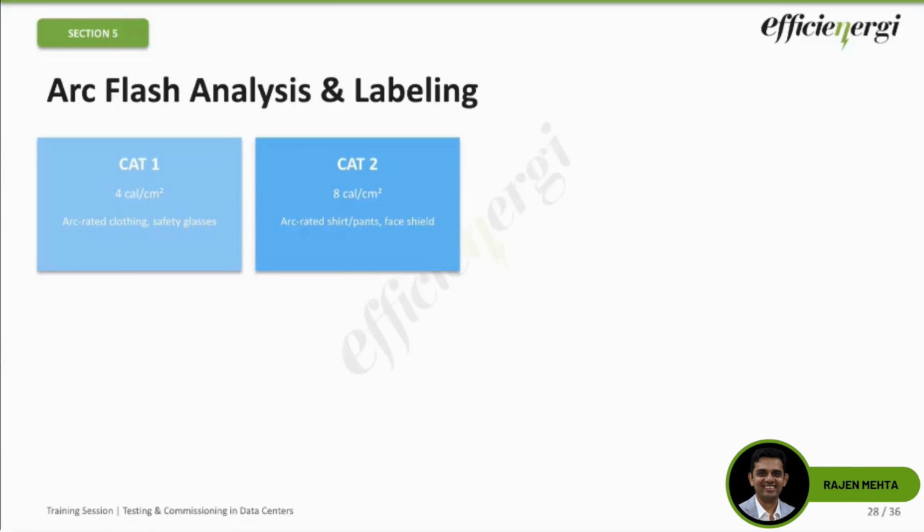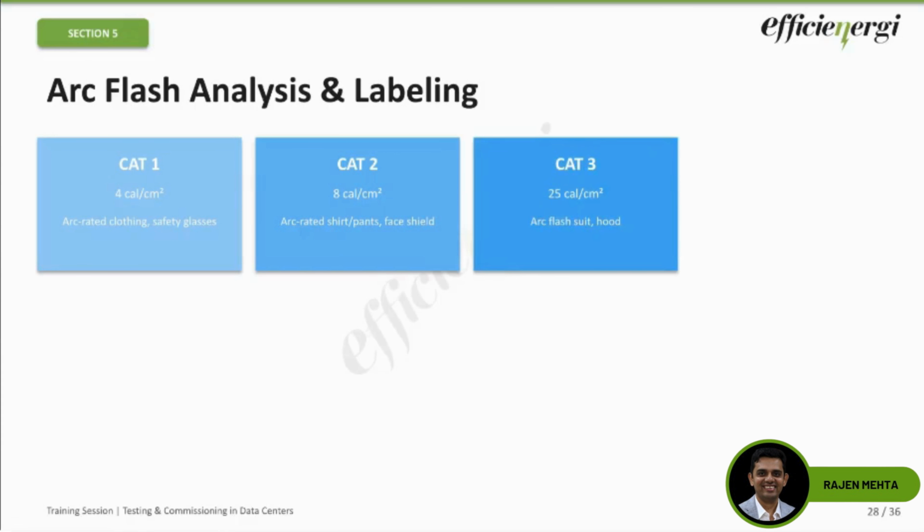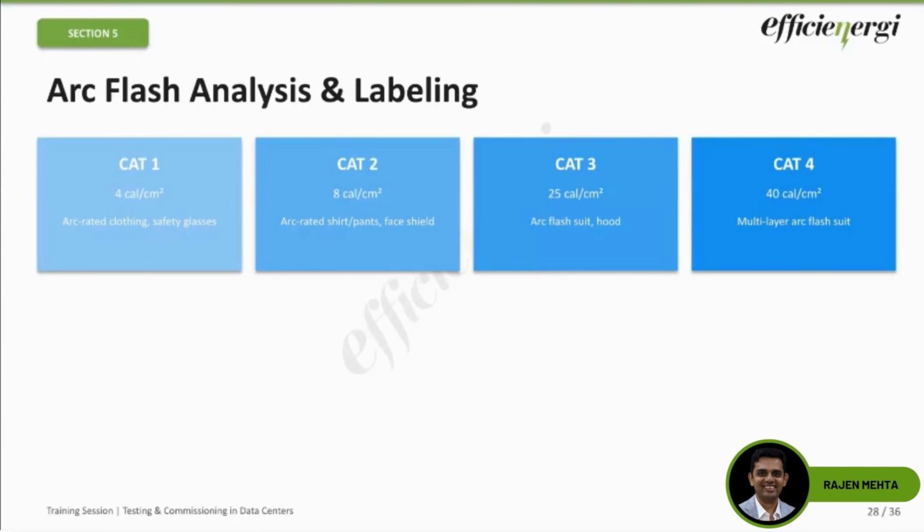So the higher the category, the more protective equipment you will require, as you see over here. Starting from basic arc-rated clothing to a multi-layer arc flash suit would be the progression in terms of the PPE that you would require while performing energized work on any equipment.